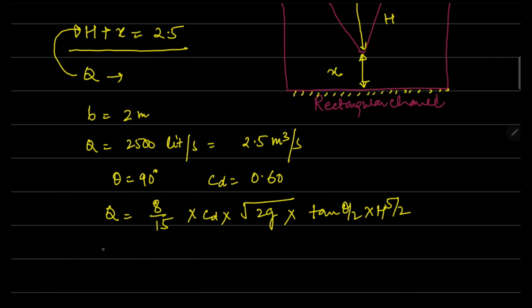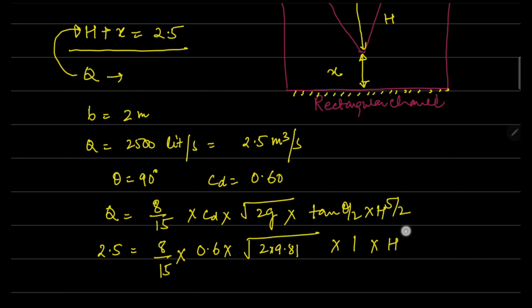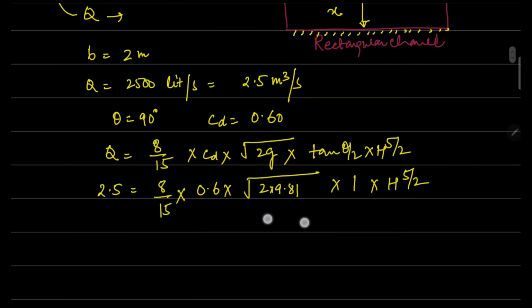So Q, 2.5 is equal to 8 by 15, CD is 0.6, multiplied by under root 2 into 9.81, and tan theta by 2 will become equal to 1 because this theta is equal to 90 degree, and then h raised to the power 5 by 2.